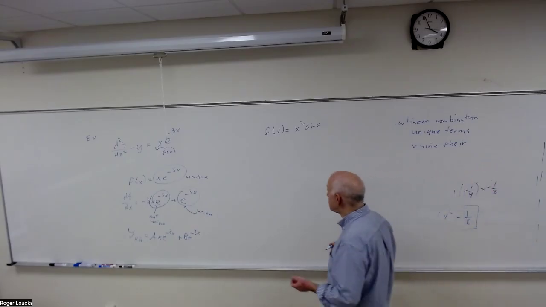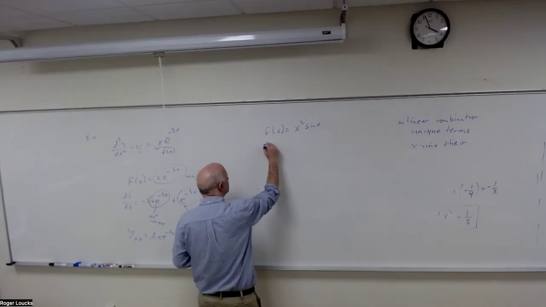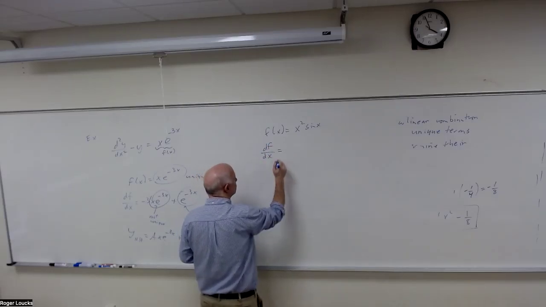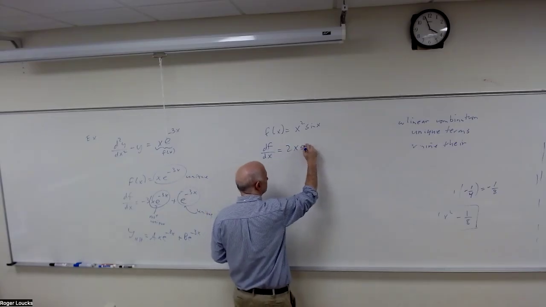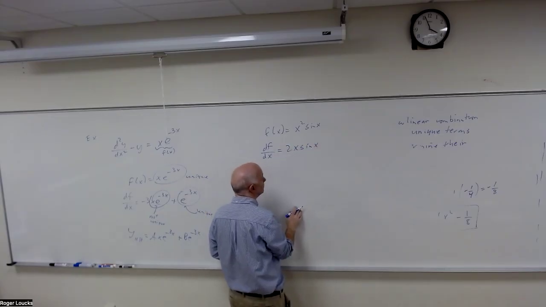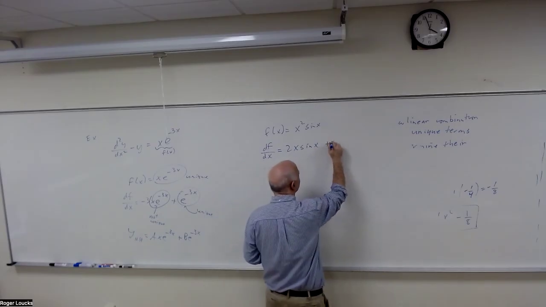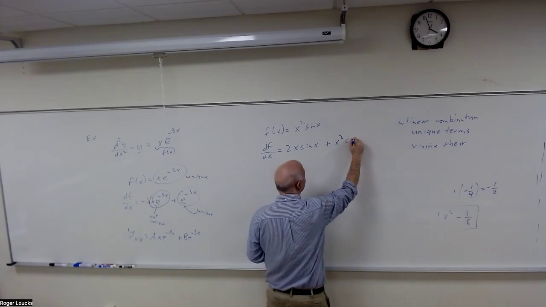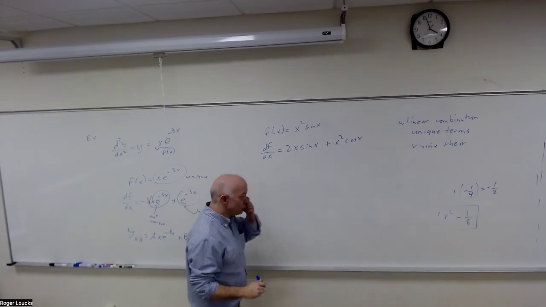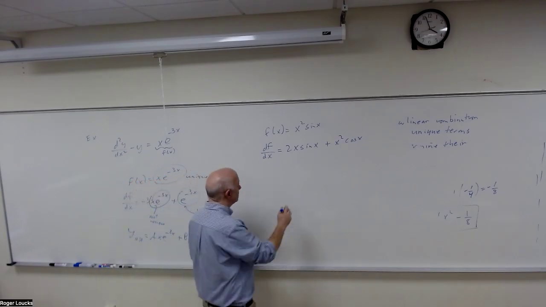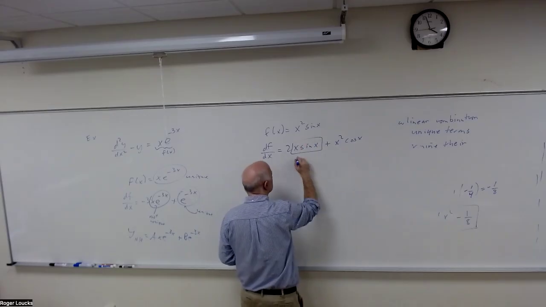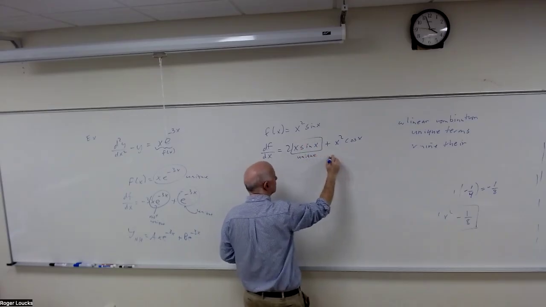Derivatives. This is what? 2x sine of x plus x squared cosine x. Okay, do we have unique pieces here? Cosine x. So what are the unique pieces? X sine x, yeah, this is unique. This is unique.